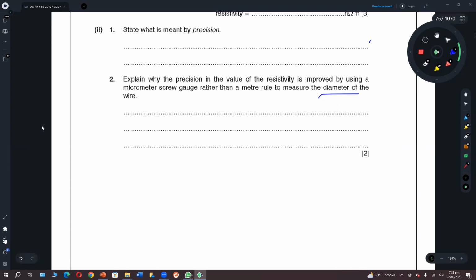So micrometer reading would be more precise. It is 0.01 millimeter, right? For the micrometer, its least count is even smaller than 0.1. 1 millimeter is for a meter rule, and 0.1 for I think vernier caliper, and 0.01 is for micrometer.